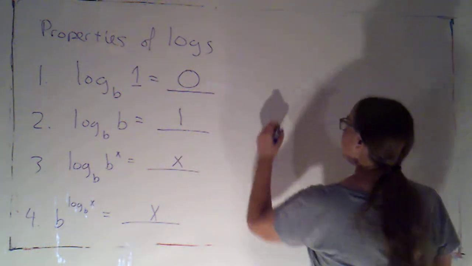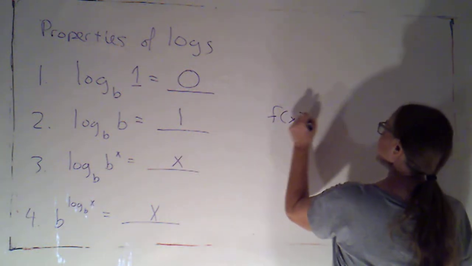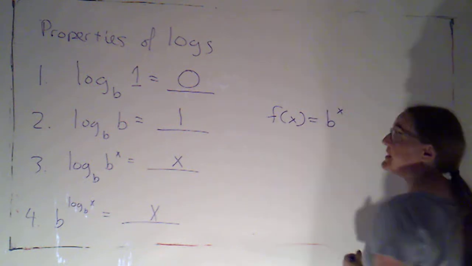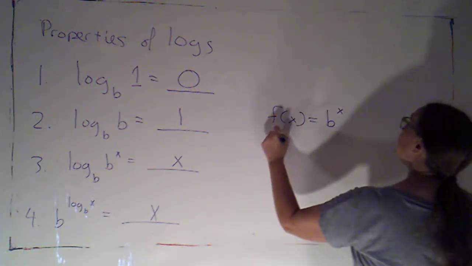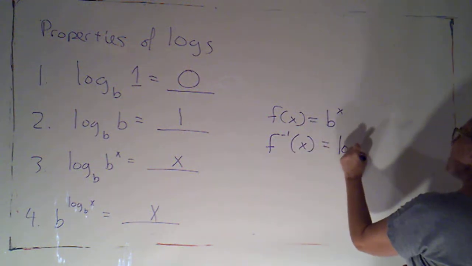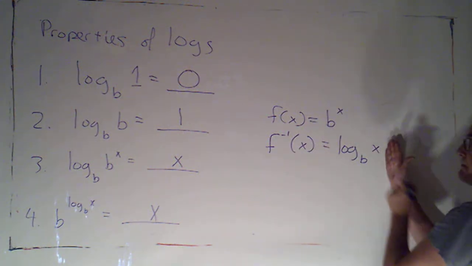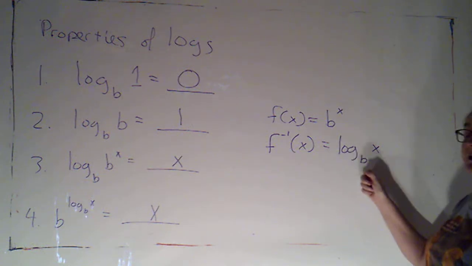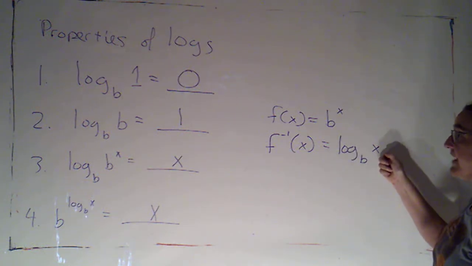Here, if I were to say f of x was the exponential function b to the x, then f inverse of x would just be the log function with that same base. So it would be the log base b of x.